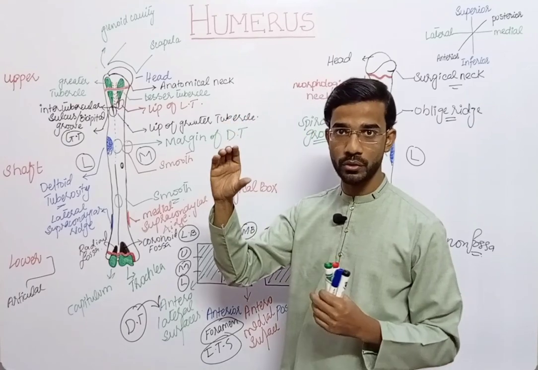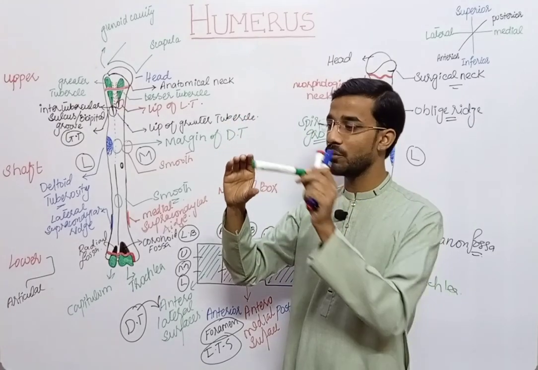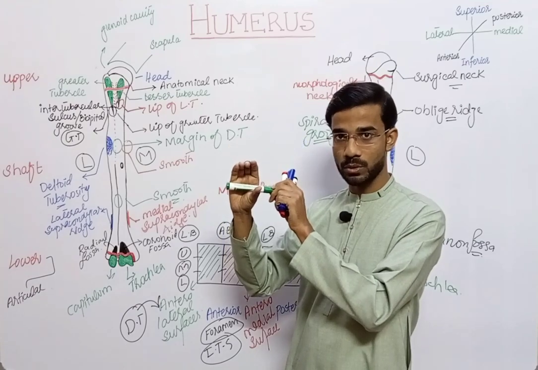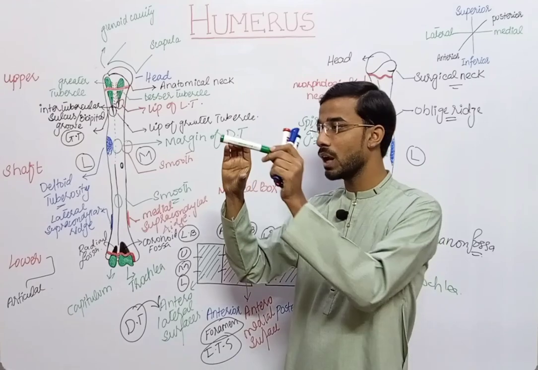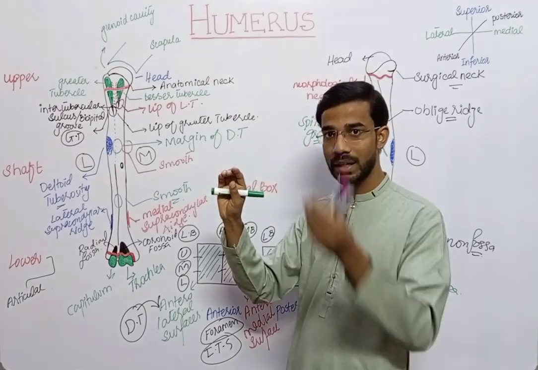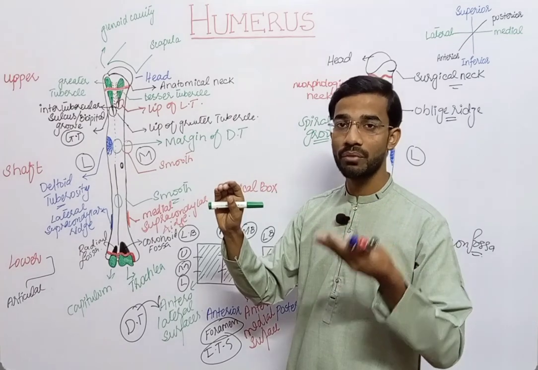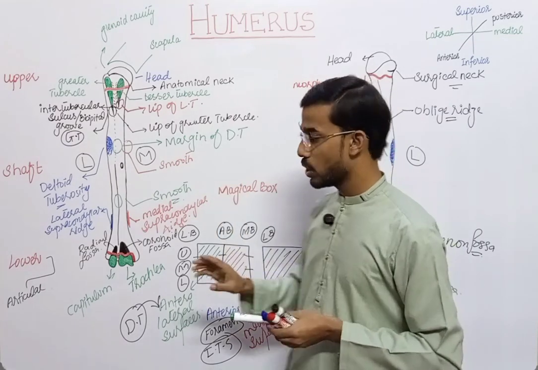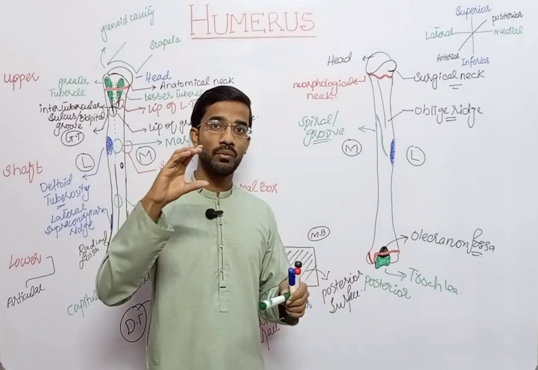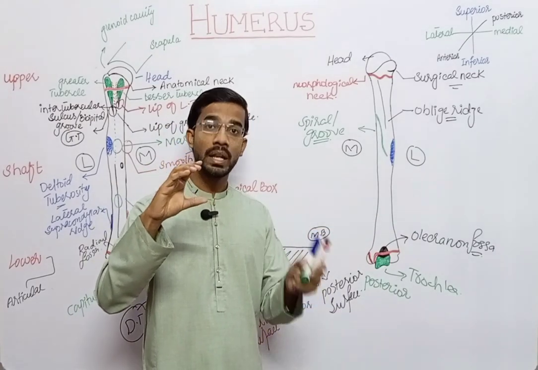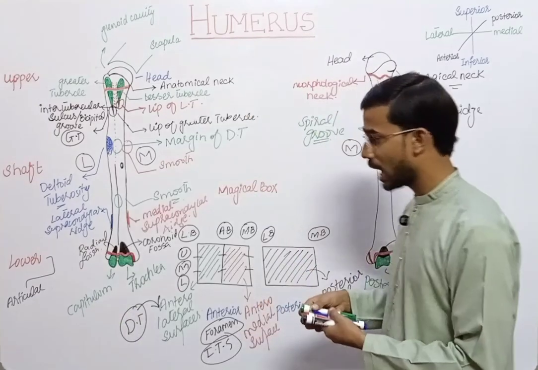Like this is the coronoid fossa, and the coronoid process of the ulna will accommodate in this fossa. Same here, radial fossa, and the radius will accommodate in the radial fossa when the arm is flexed. But the olecranon fossa will accommodate the ulna in what situation? In extended situation.